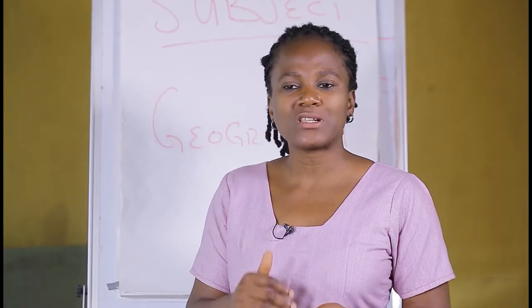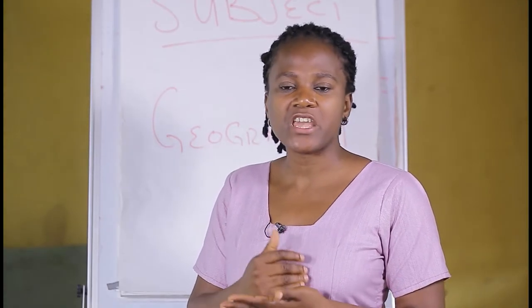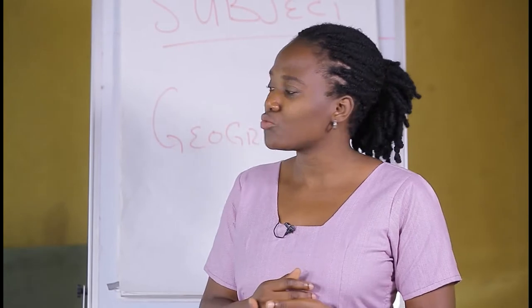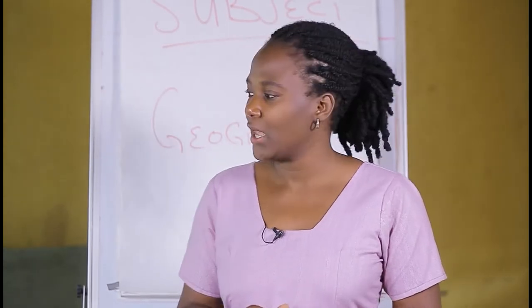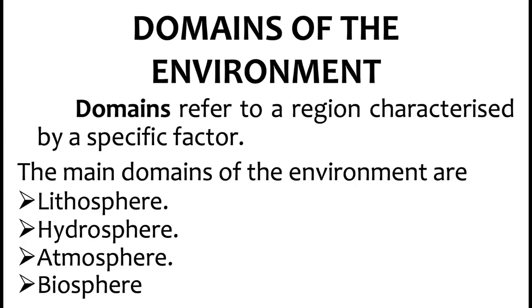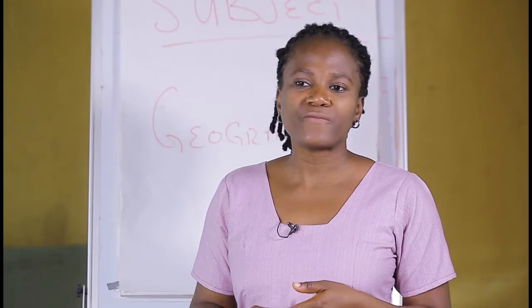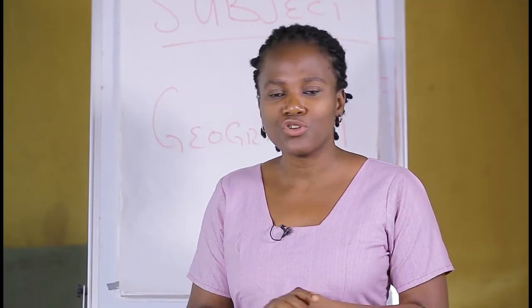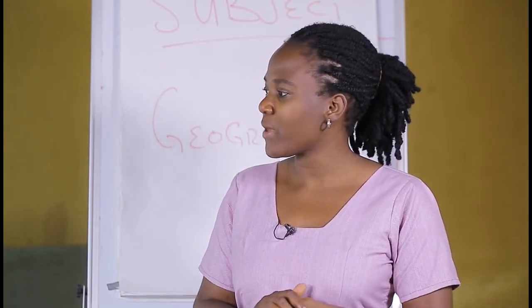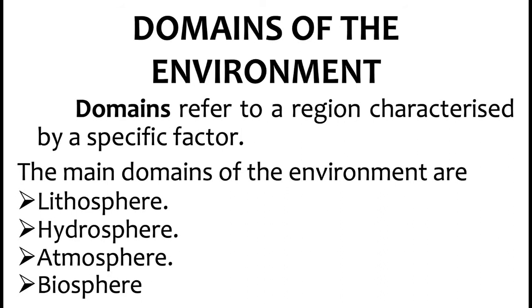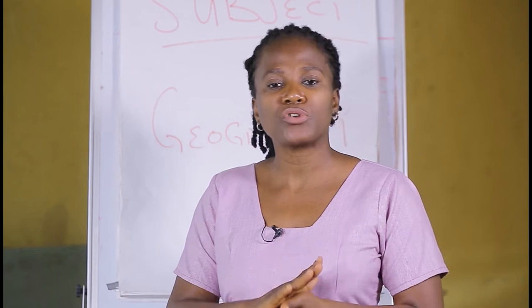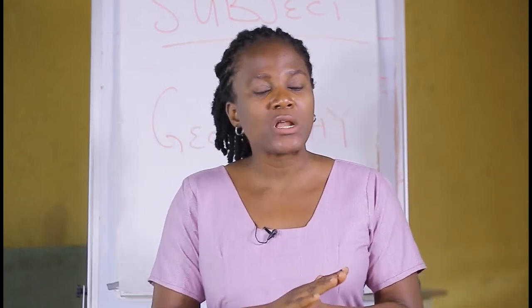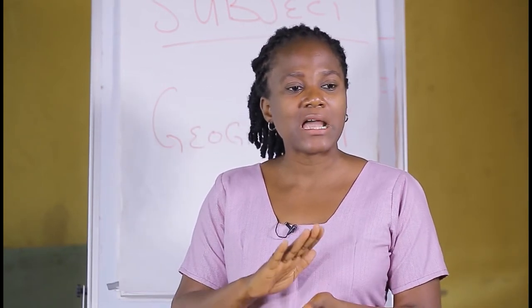So any water body in the environment is referred to as hydrosphere. Number three is the atmosphere. Atmosphere is the gaseous portion of the environment. And finally, the biosphere. When we say biosphere, we're referring to the portion of the environment that contains plants and animals.